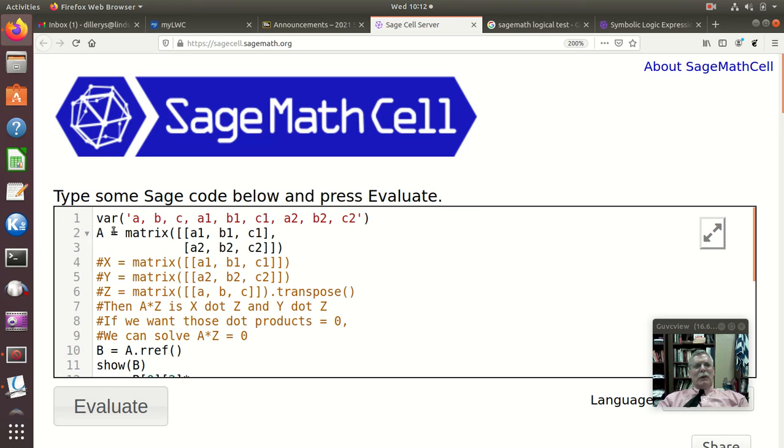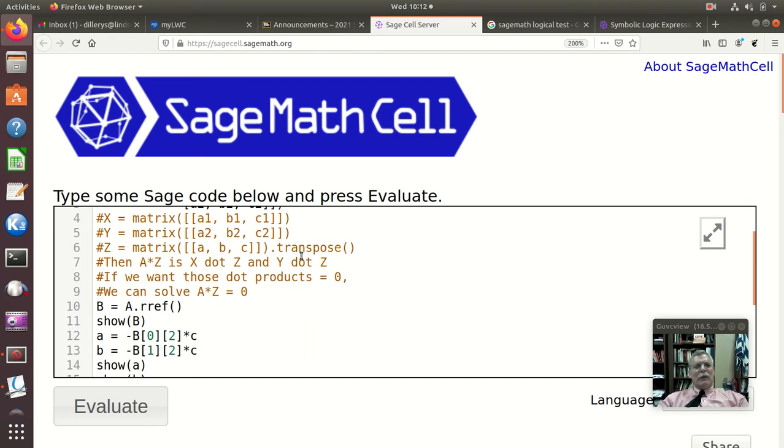I went to Sage and I declared a bunch of symbolic variables here, and I made a matrix out of A1, B1, C1, A2, B2, C2. Now, what the heck am I doing there?